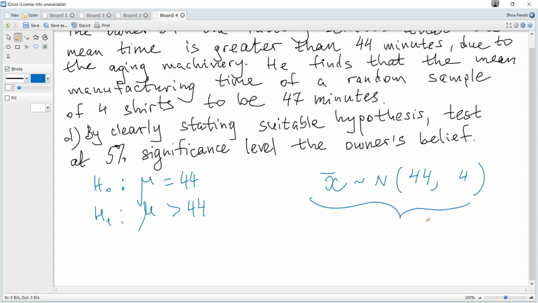And under this distribution we should calculate the probability that the sample mean is greater than this value, since we test for greater, 47, and it's called the p-value.